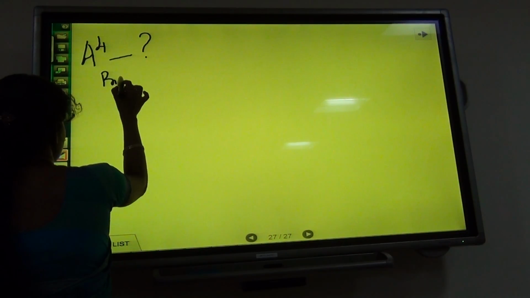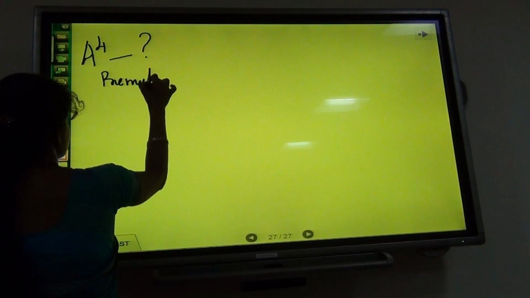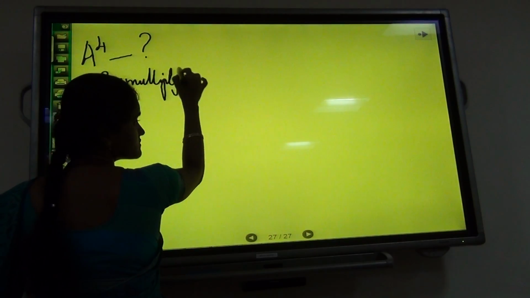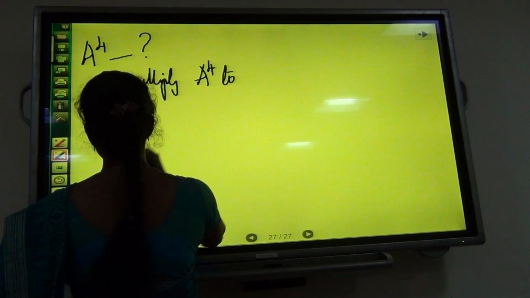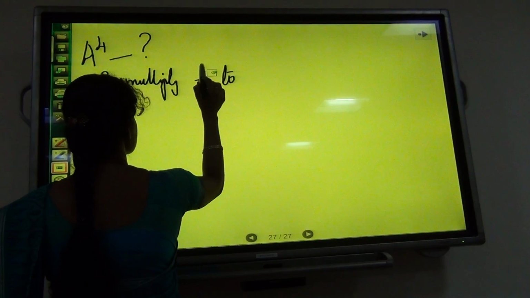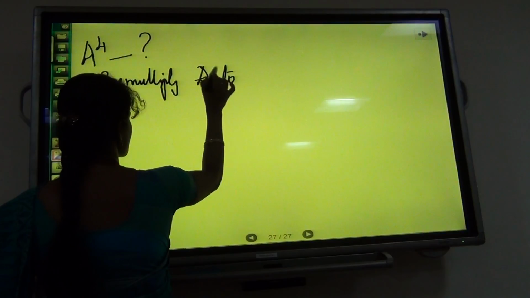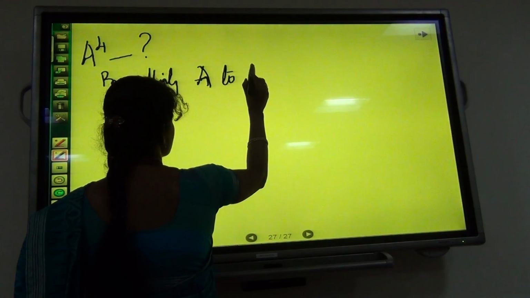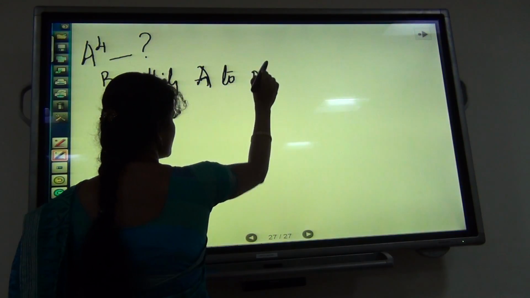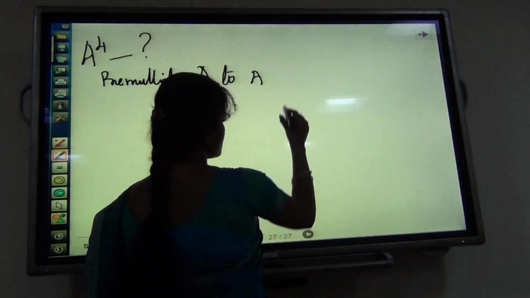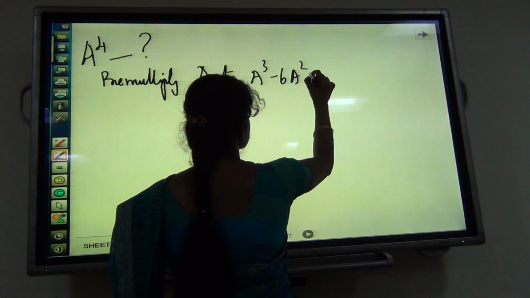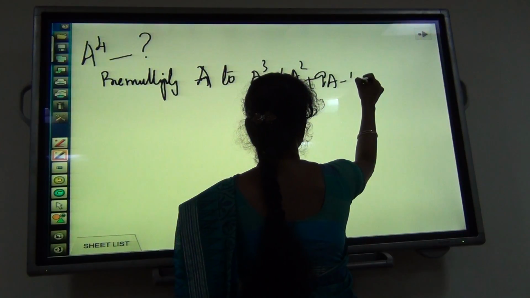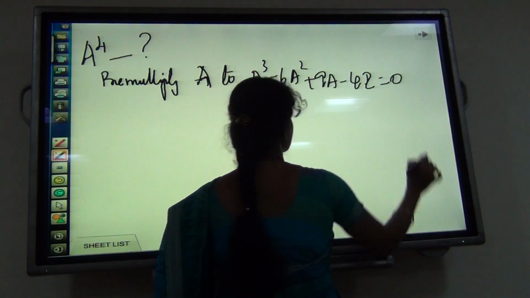Now pre-multiply A to A cube minus 6A square plus 9A minus 4I is equal to 0.